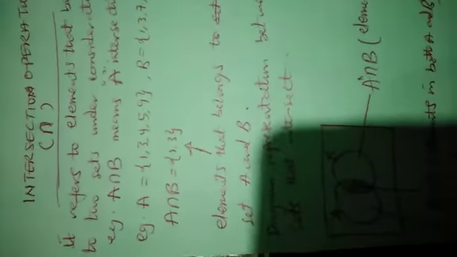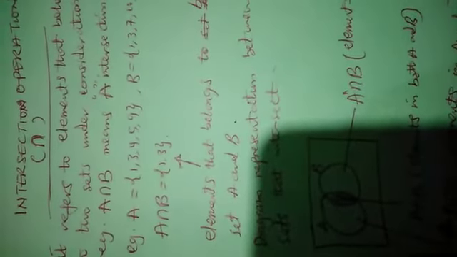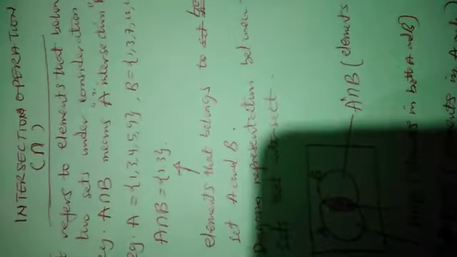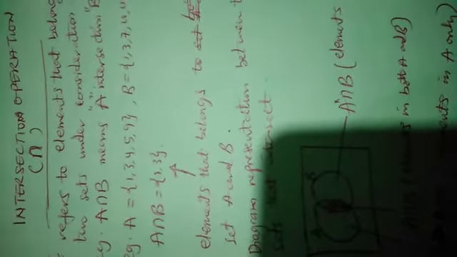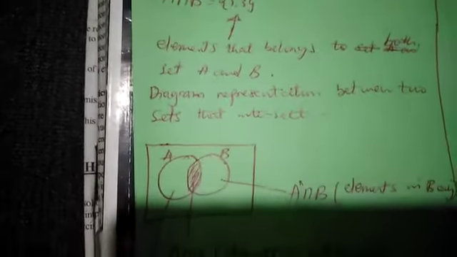A intersection B is shown by the symbol A, like an N, and B. For example, if set A is equal to 1, 3, 4, 5, and 9, and set B is equal to 1, 3, 7, 10, and 11, then A intersection B is equal to the set made up of the elements 1 and 3, because 1 and 3 are found in both set A and set B.